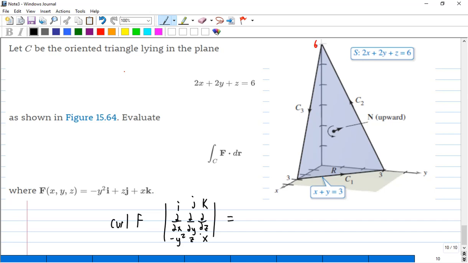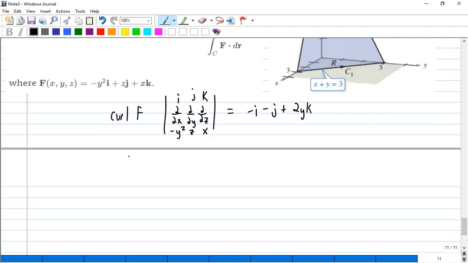I'm not going to evaluate all of that because I gave you the formula. You end up getting negative i minus j plus 2y k. Here our z is going to be equal to g of x, y, which is equal to 6 minus 2x minus 2y.